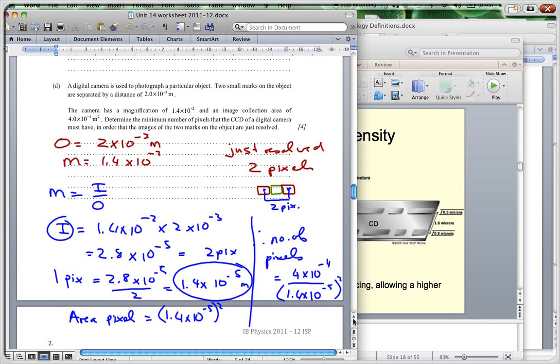And when we do that, we get around about 2 times 10 to the 6, and that would be the number of pixels that we would have. So this would be 2 megapixels. We'd need 2 megapixels for this to form.